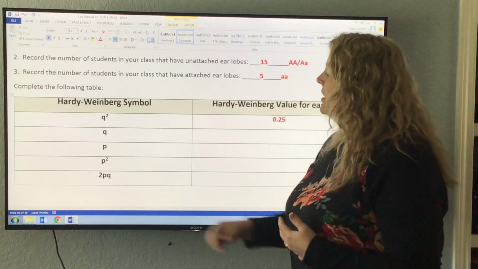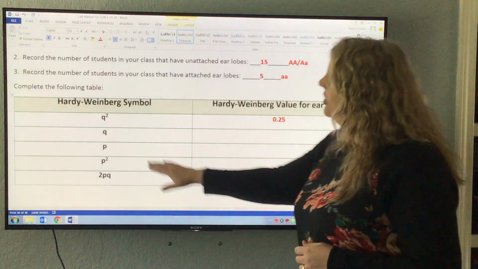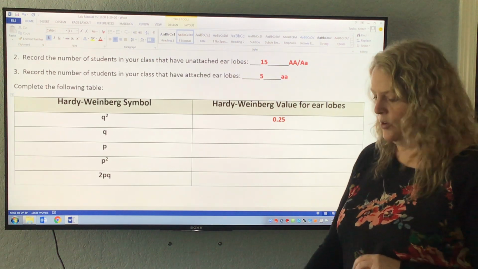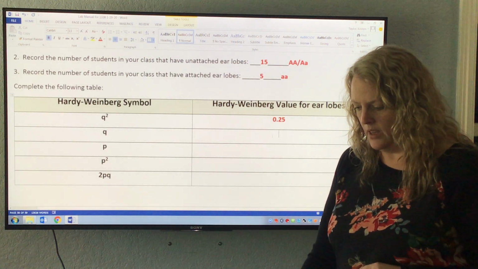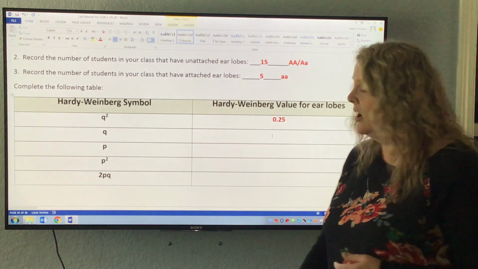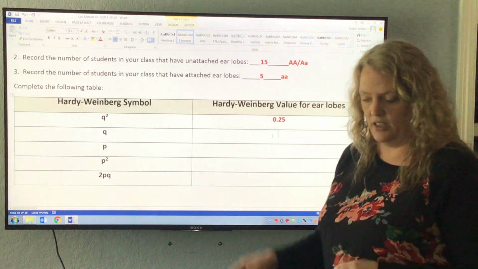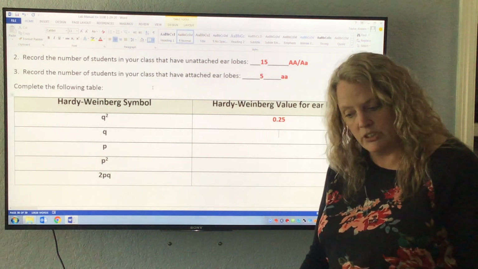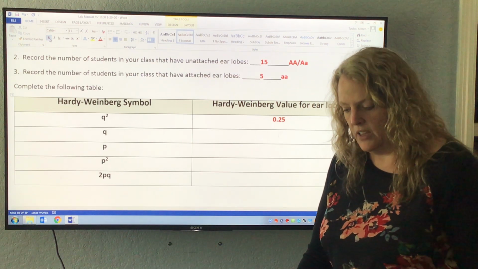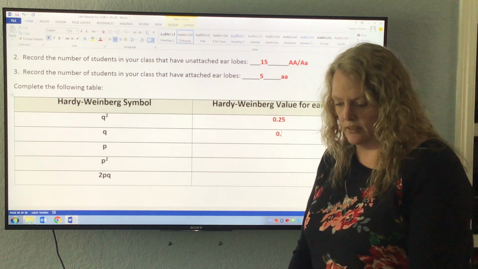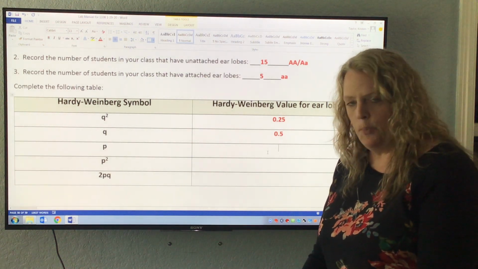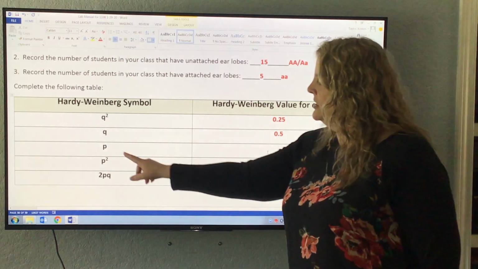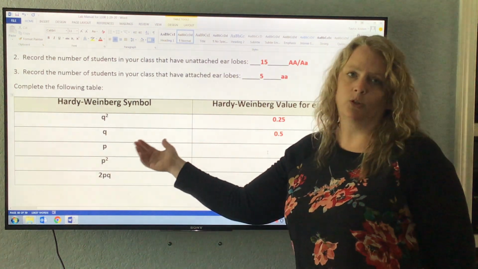Okay? Alright, so once you have your q squared, then you can just fill in the rest of the table. So q is going to be the square root of 0.25. Square root of 0.25. And you should have 0.5. For your p, and remember p plus q has to equal 1.